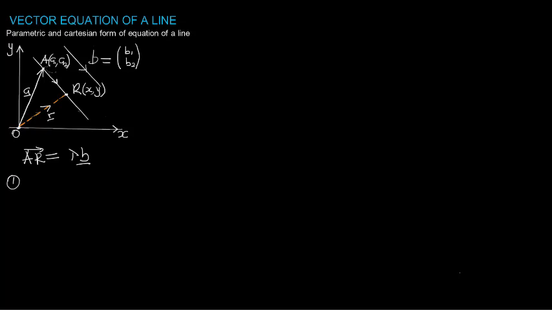The line AR, or the vector AR in the Cartesian plane, is parallel to the vector B. Parallel lines, as we say, do not meet. So step one, we know that the vector AR is some constant multiple of B. So these two lines are parallel.